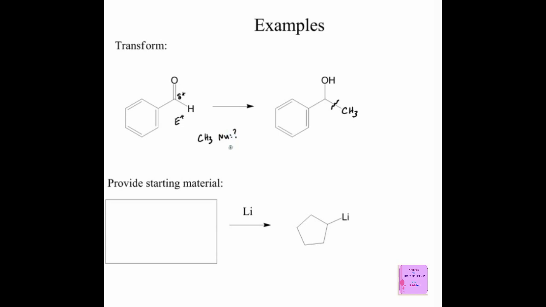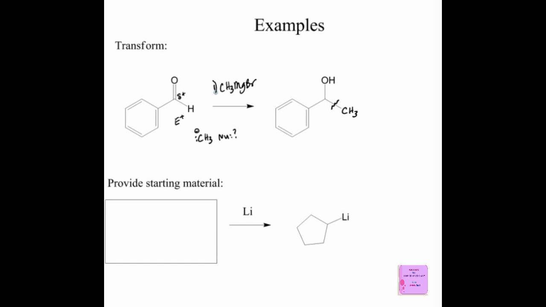How can we make a methyl be nucleophilic? Well, if we had a lone pair and a negative charge, that would make it nucleophilic. How do we get to that reactivity in that species? Well, that's exactly what a Grignard reagent does. If we have CH3MgBr, that is nucleophilic, and that would react with the carbonyl.